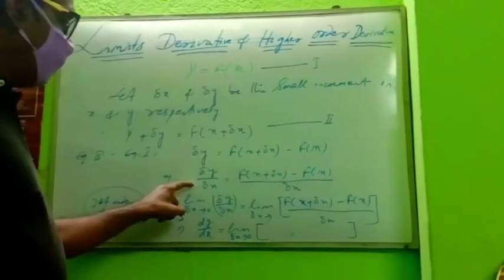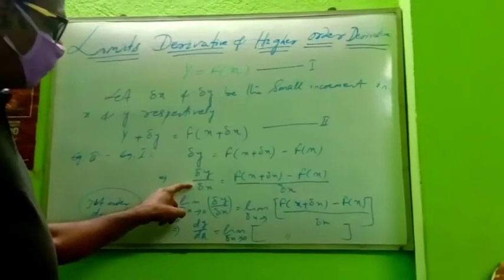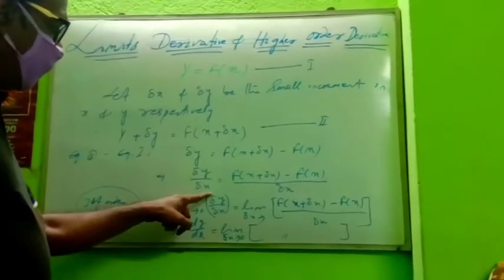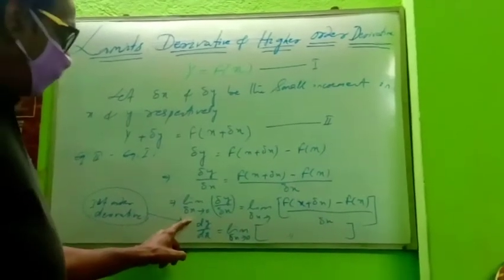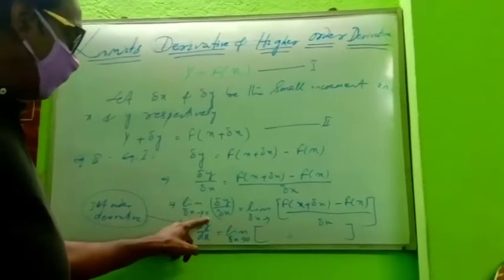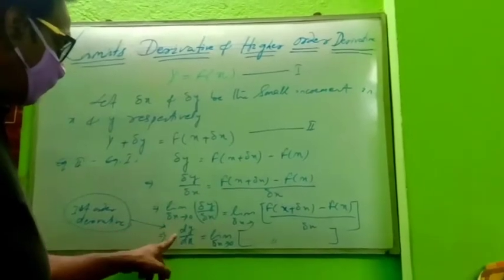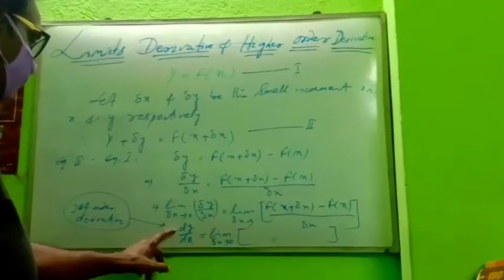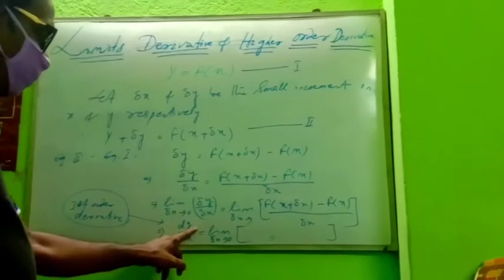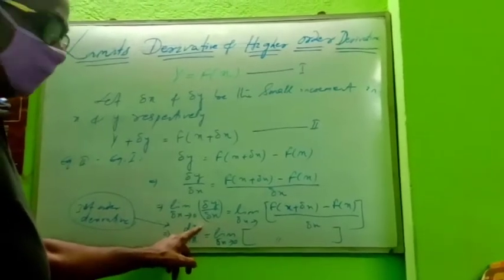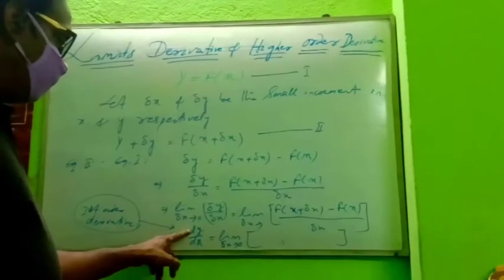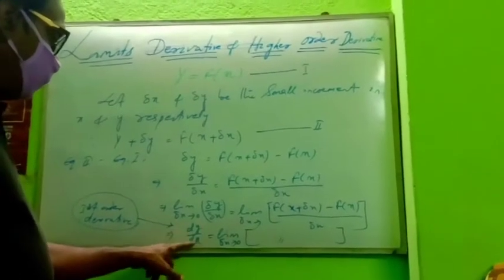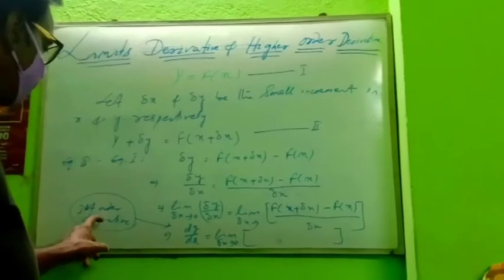Now dividing delta x both sides, then this will be converted to delta y by delta x, this total divided by delta x. Taking limit delta x tends to 0 both sides. Now this is nothing but dy by dx, and dy by dx is called derivative of y with respect to x, which is called first order derivative.